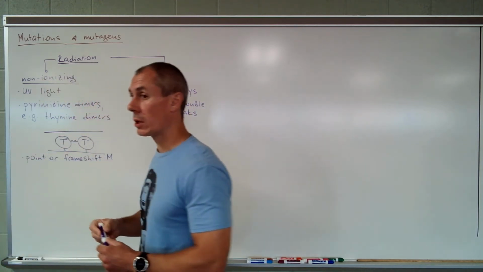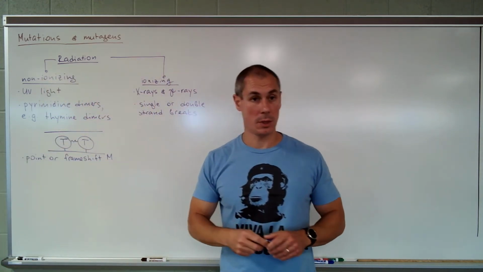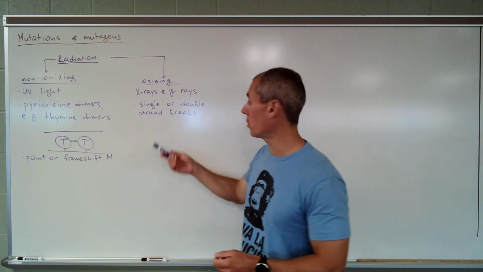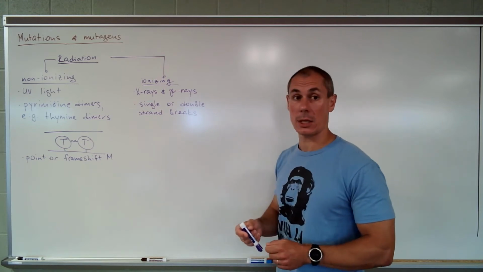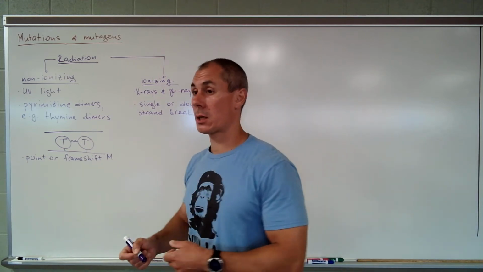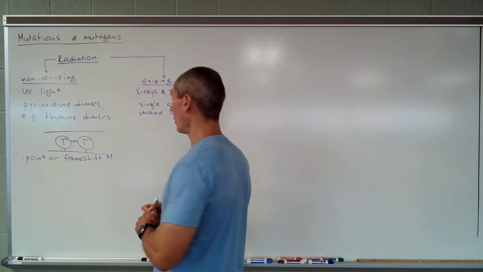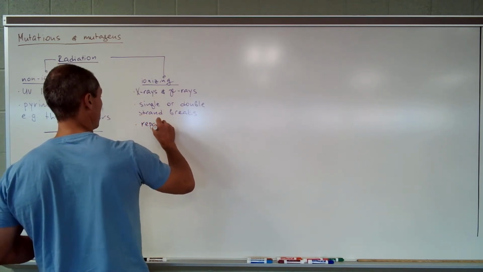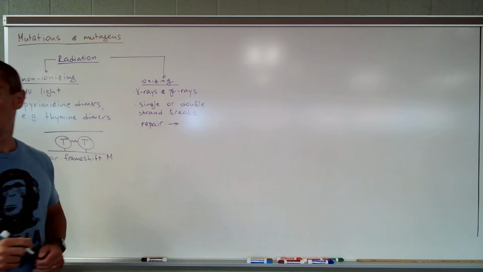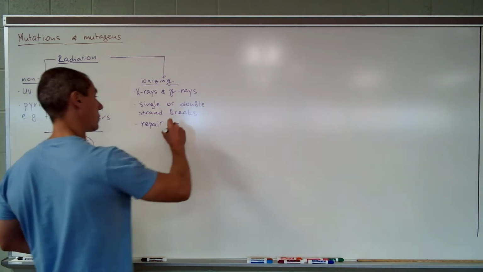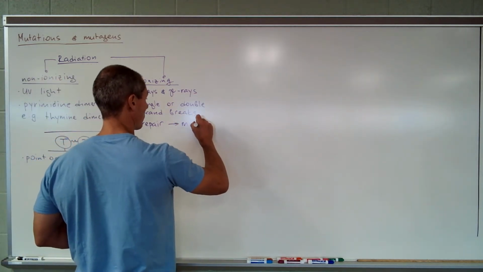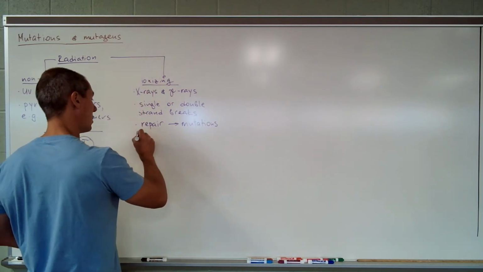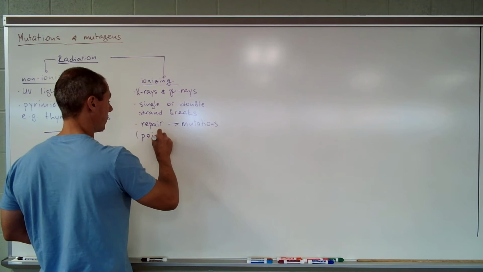Obviously, single strand break isn't such a big deal because you have a backup in the form of a second strand, but double strand break is kind of a catastrophe. This catastrophe is being fixed by various repair systems, but the problem is that repair often results in mutations. And these mutations can be either point or frame shift.